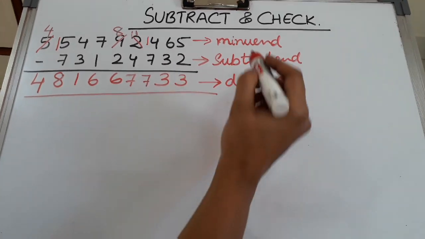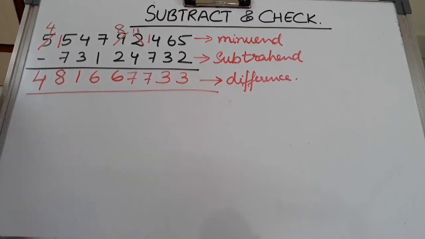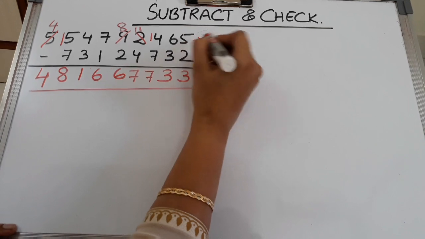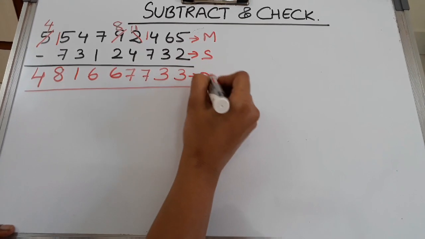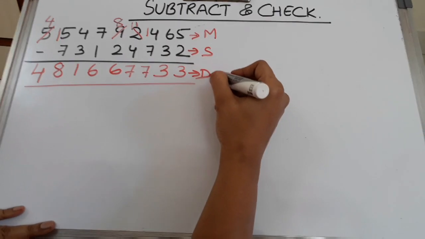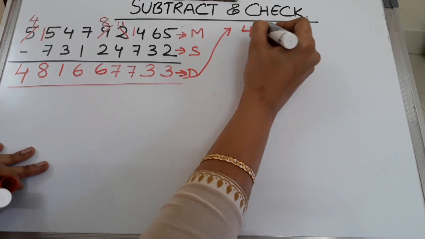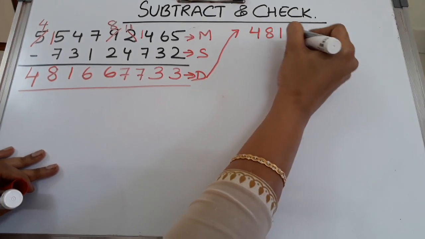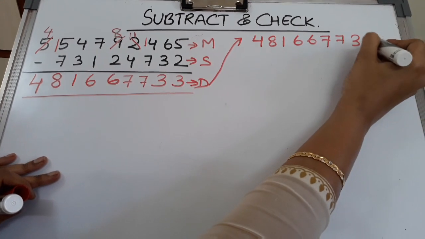Now very important to know is how we will check the question back. In short I will write here minuend, subtrahend and the difference. Now I will write the difference first: 4, 8, 1, 6, 6, 7, 7, 3, 3.